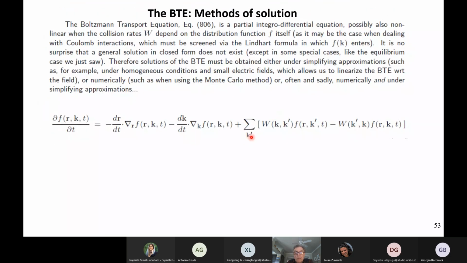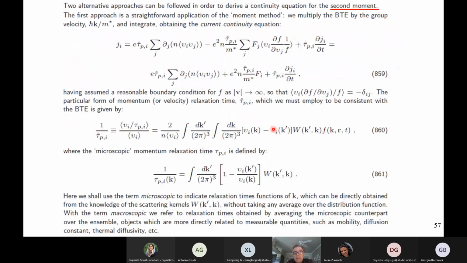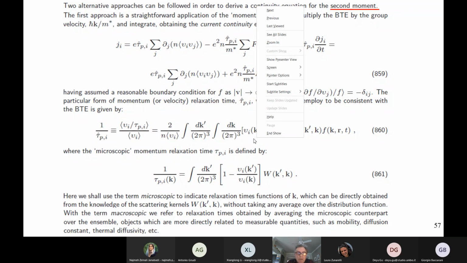One is coming from the integral that I have already over here, integrating over k prime, and then I have the second integral, which is over k, that I get in taking the moment of the Boltzmann equation. So this will be essentially the integral over the entire scattering rates. As I told you, these were constants in the first moment, and indeed I get a 0. And that's why the collisional integral gave no contribution to the first moment.